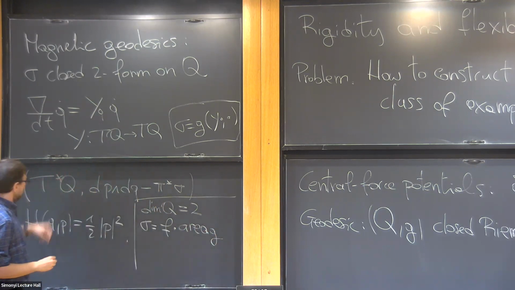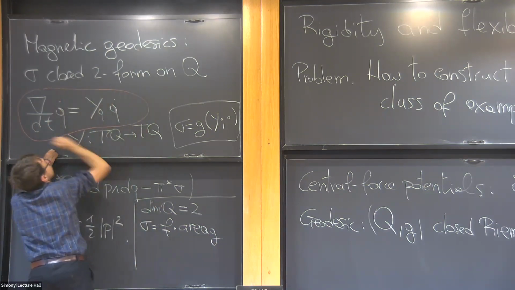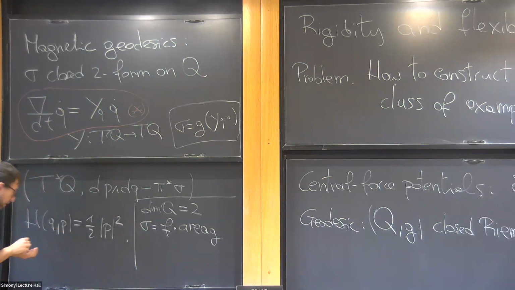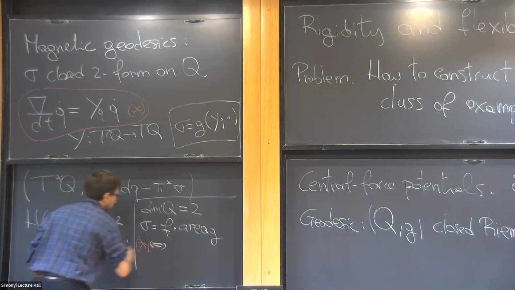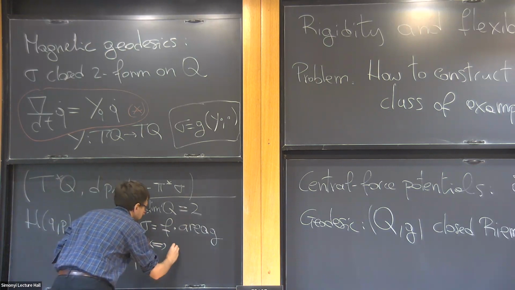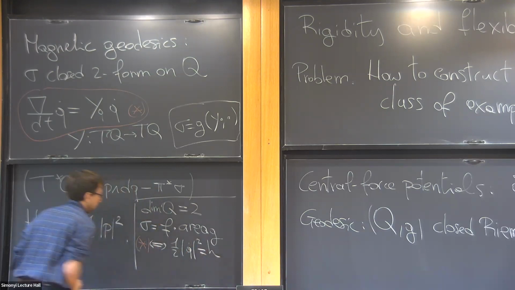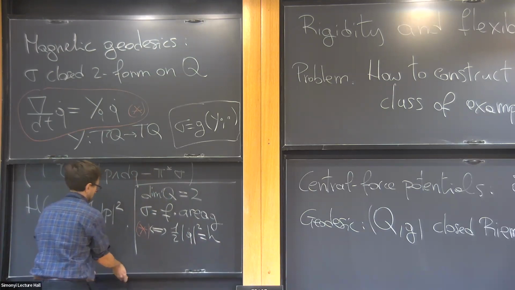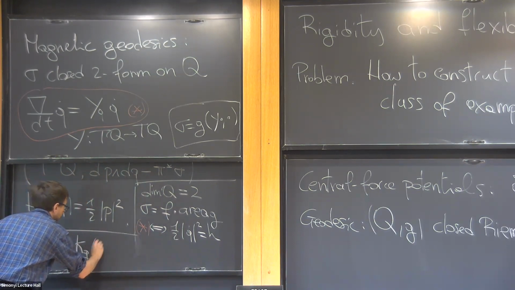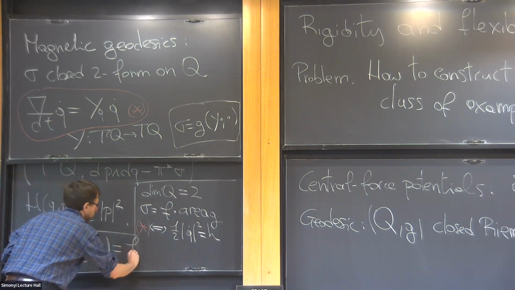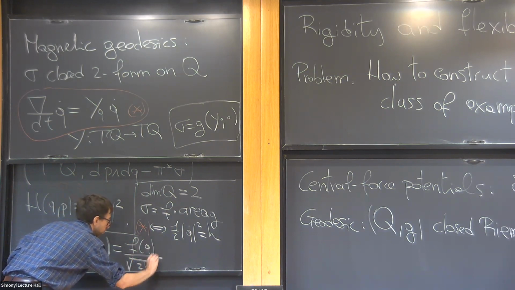And now your equation up there is equivalent to saying that you have an orbit with energy h, so 1/2 |q dot|² equal to h, and that the geodesic curvature with respect to g of your curve q is equal to the function f of q divided by the speed of the particle, so the square root of 2h.